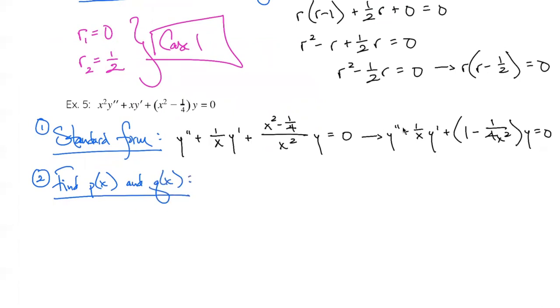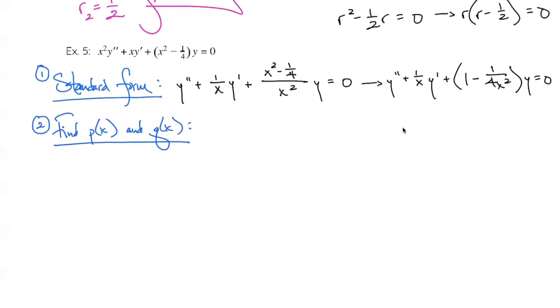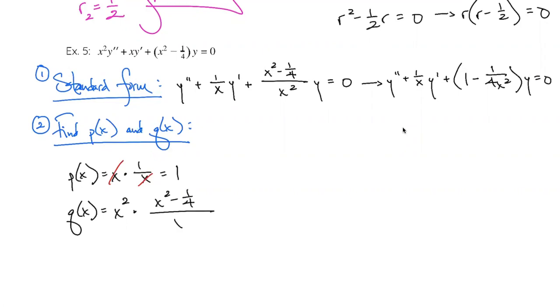All right, let's find our little p of x and our little q of x. So we've got little p of x is x times 1 over x, and we can see pretty quickly that that's just going to be 1. And little q of x is going to be x squared times that second coefficient, right? If you were unsure whether you should have distributed or not, in this case it actually worked out really nicely that we didn't simplify that term.